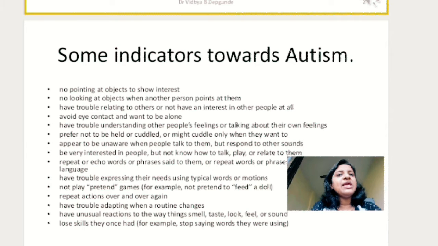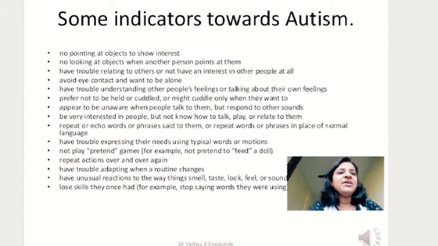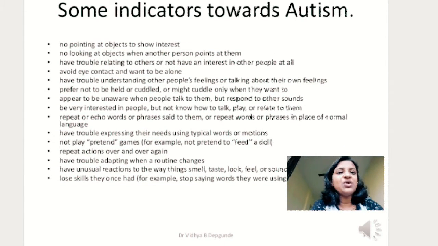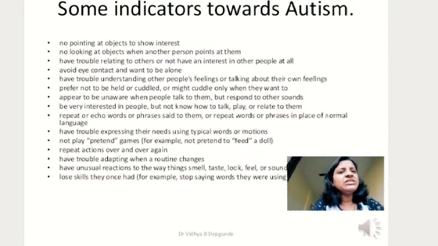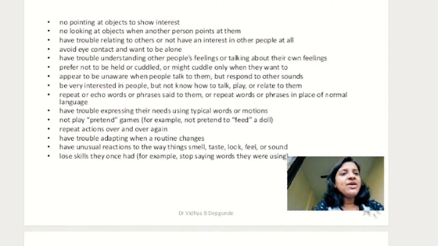They don't like it when somebody comes and cuddles them, but they may come and cuddle you suddenly. It all depends on whether the person with autism wants to do it. If he or she wants to, there is no stopping them. They can do anything they want. They are very interested in people, but they don't know how to talk, play or relate to them.